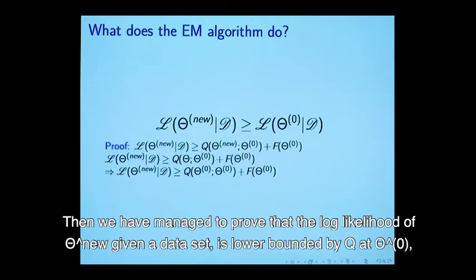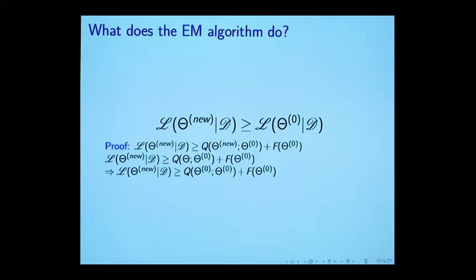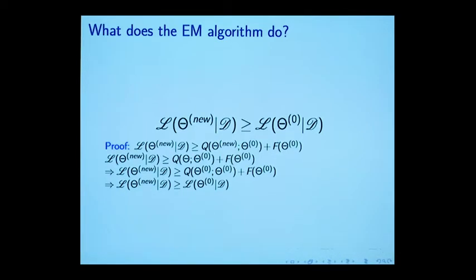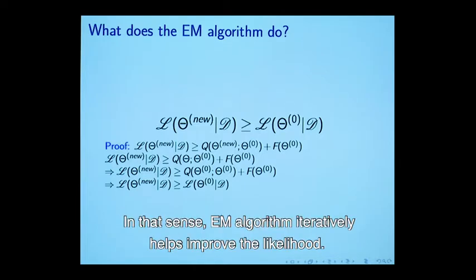So, then we have managed to prove that the log likelihood of theta new given a data set is lower bounded by Q at theta naught plus f of theta naught. Now, please recall in the previous slide we also showed that this expression, Q of theta naught plus f of theta naught, is nothing but L of theta naught. So, obviously this establishes that the likelihood keeps on increasing. In that sense, the EM algorithm iteratively helps improve the likelihood.